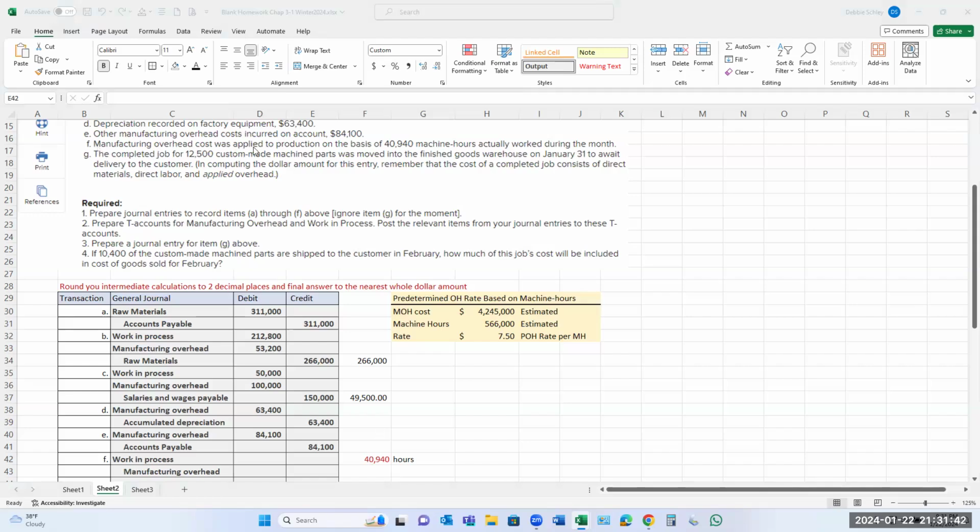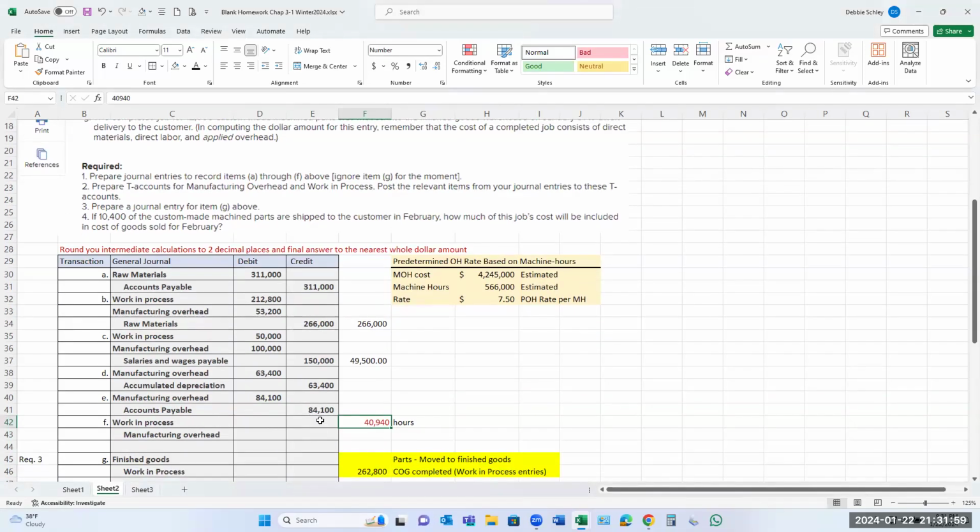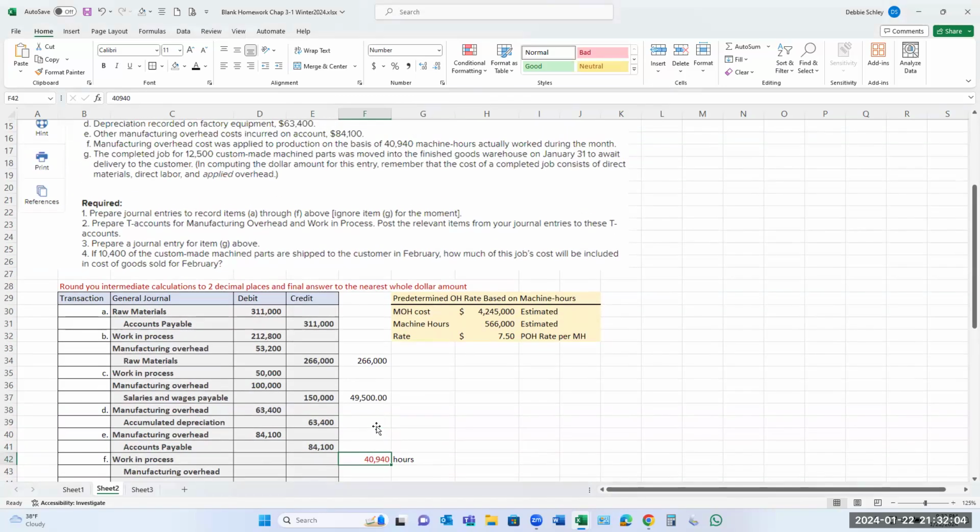Manufacturing overhead cost was applied to production on the basis of 40,940 machine hours actually worked during the month. So here's my actual hours. So I typed it in right here, 40,940. Because my work in process and my manufacturing overhead is going to be based on this. And this is where that predetermined overhead rate comes in, right? Because it's based on machine hours.